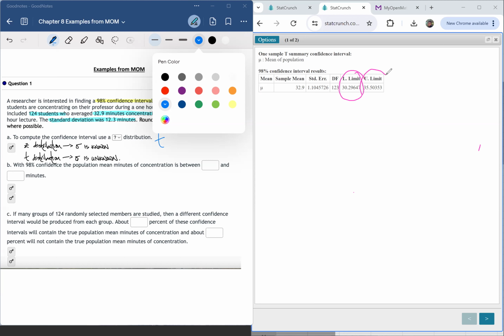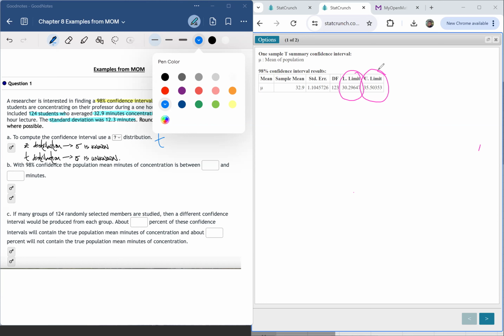And similarly, the upper limit is at 35.504. Okay. These are the limits that with 98% confidence, we can say that students concentrate somewhere between 30.296 and 35.504 minutes. That the average, we're like 98% sure that average is somewhere in there.